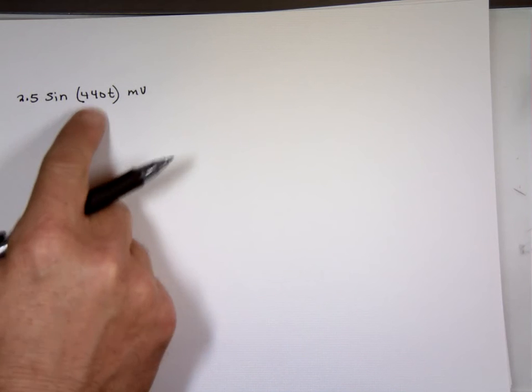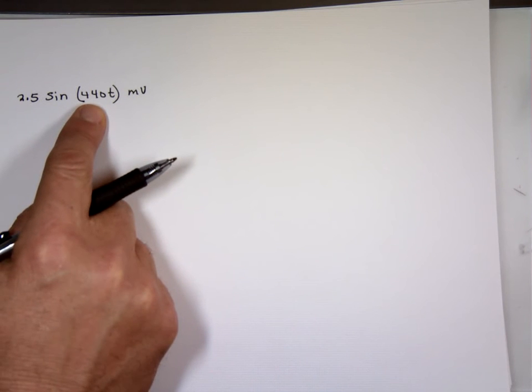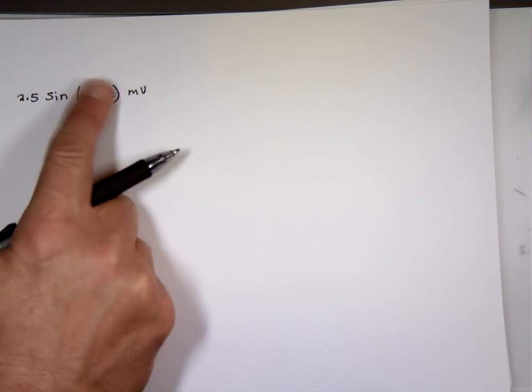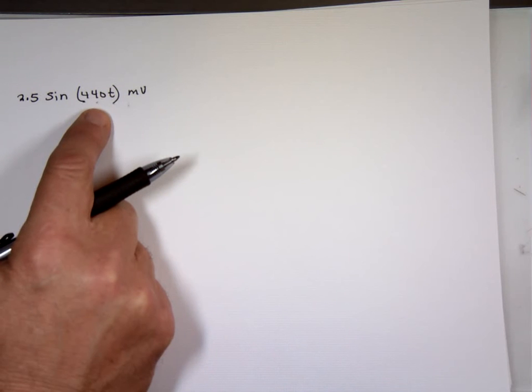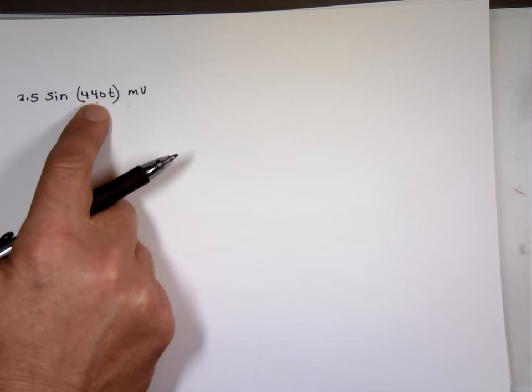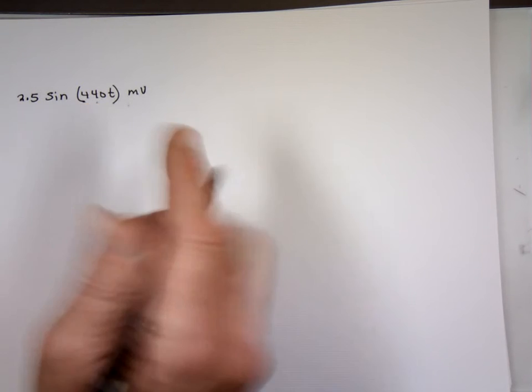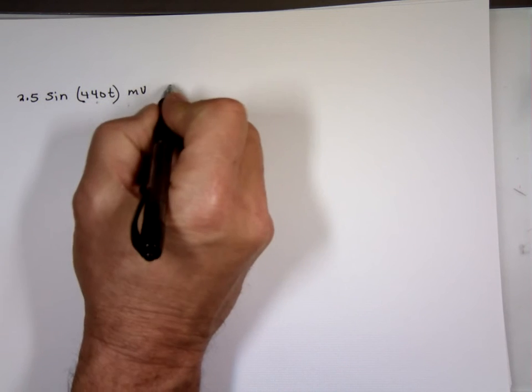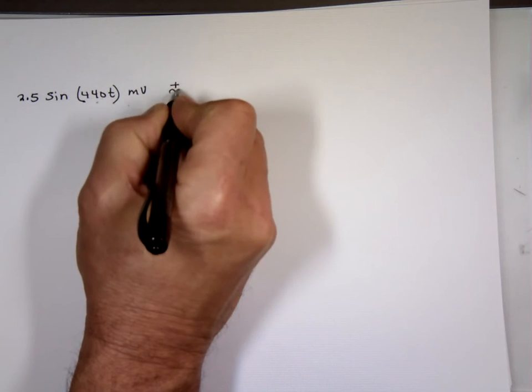This number represents 2 pi f. So if you divide it by 2 pi, that tells you what the frequency is. It's an AC source here. It's not a DC value. It's changing. It's a sine wave.